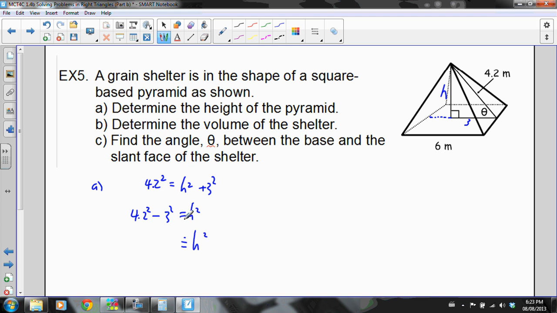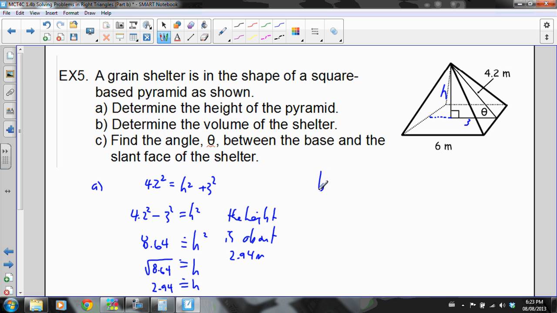That's 8.64, square root of that. The height is about 2.9. I think we need that in the next one.